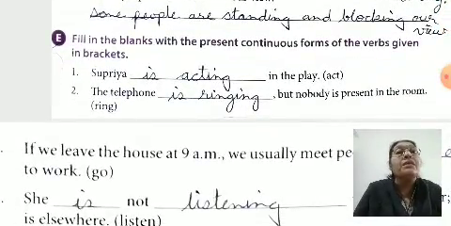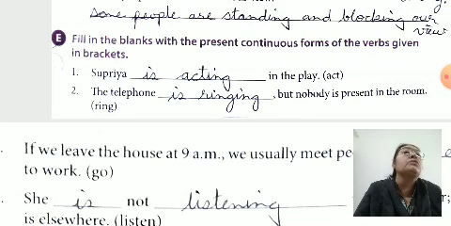Next question: fill in the blanks with the present continuous forms of the verbs given in brackets. I already gave the bracket. You have to put it with the to be verb form. Supriya is acting. Supriya is a third person singular, so we use is acting. The telephone is ringing.